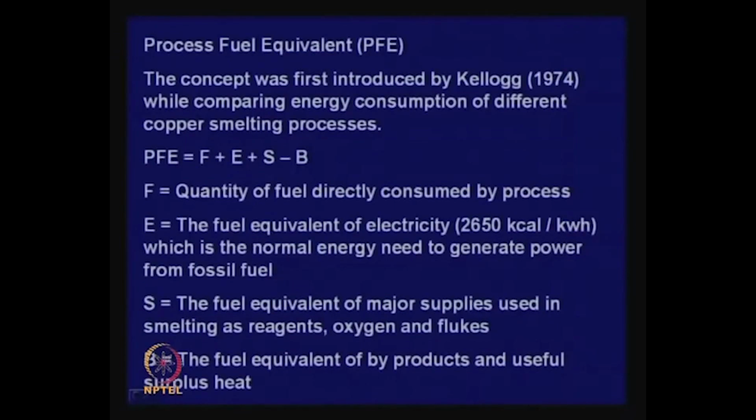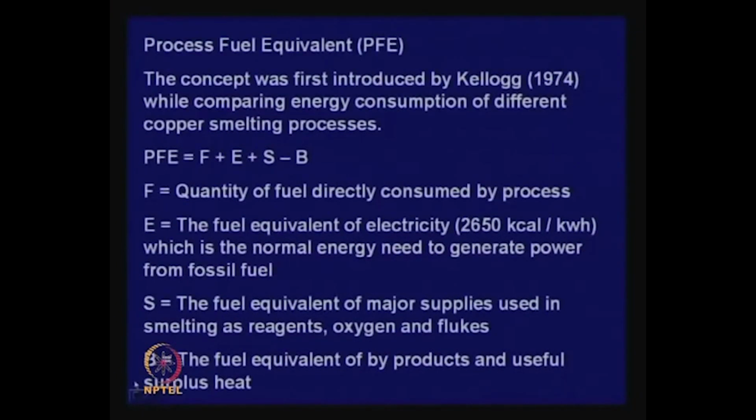That will come later. That comes under the fuel requirement in the process, but the oxygen as a raw material also has an energy equivalent. Now, so these are the energy inputs. Now, B is the fuel equivalent of byproducts and useful surplus heat.